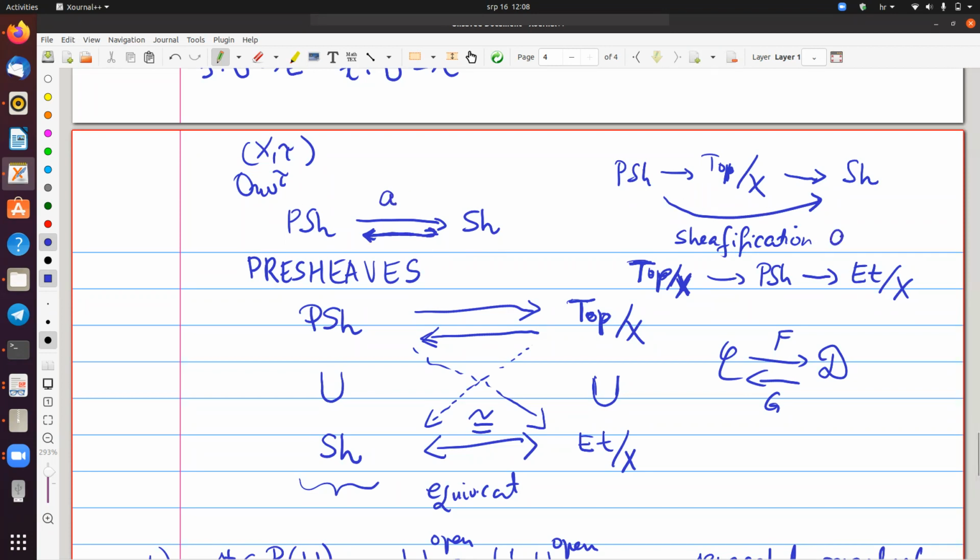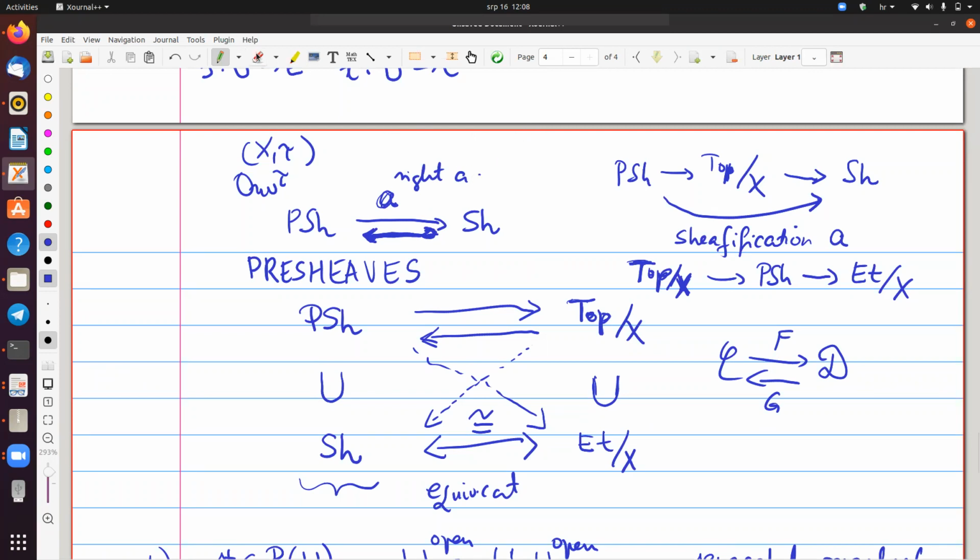I will call it A. It's very often called A. I don't know why A. Then a pair of adjoint functors means that the first one will be left adjoint, another is right adjoint, and this one will be the right adjoint.